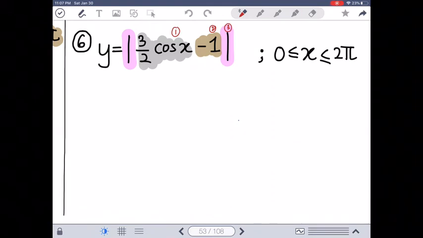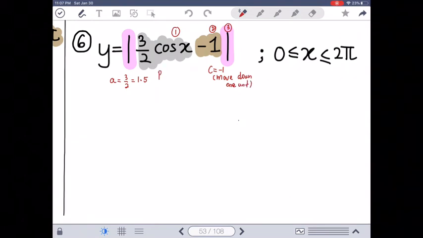Remember, from my previous video, I always tell that we start from inside going outside. In this case, our amplitude is 3 over 2, which is just 1.5, and there is shift. C equals to negative 1 means that move down one unit.